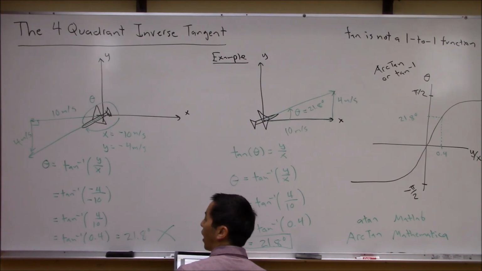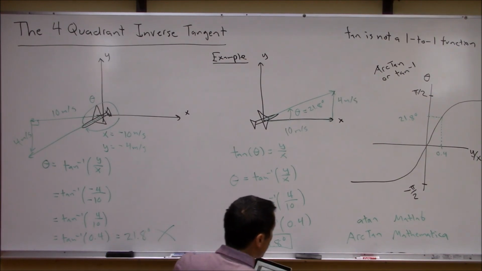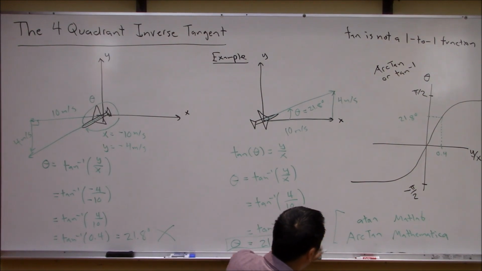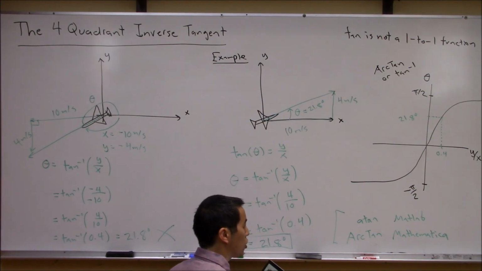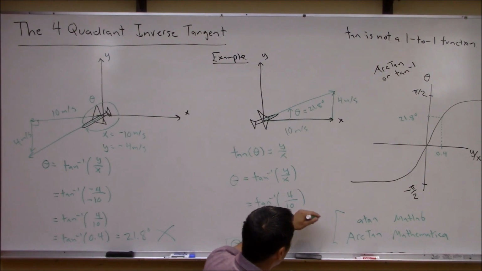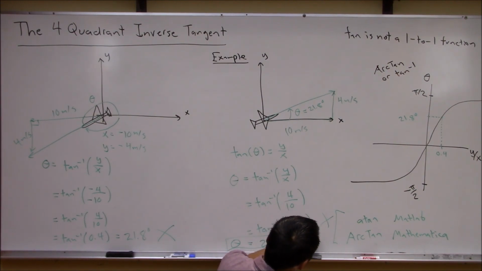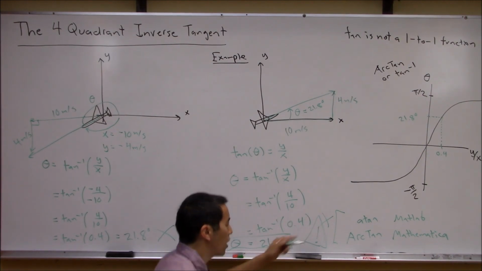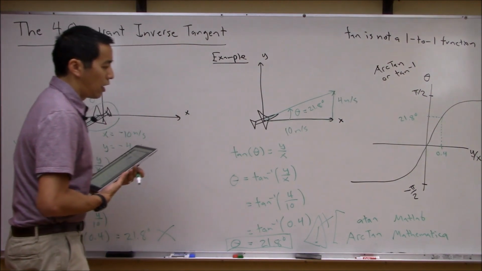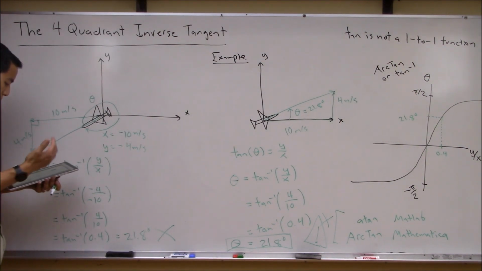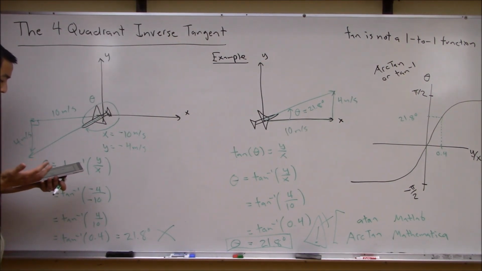So this is why if you just use the normal atan or arctan function in Mathematica, let's put an X in here, or maybe a warning sign. You've got to be a little bit careful here because you might lose that information about which quadrant you want to be in.